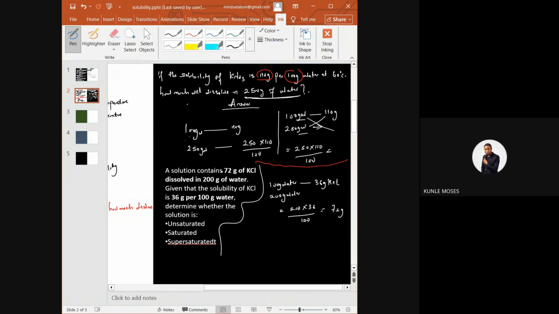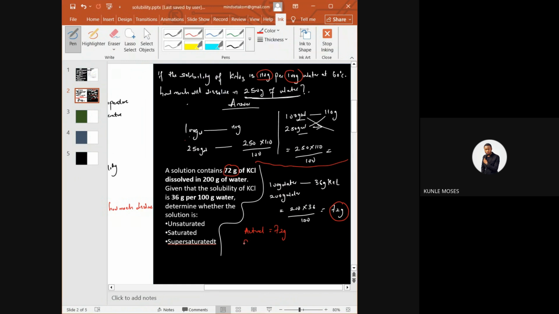Okay, they now say the solution contains 72 grams of KCl. Can you see? We got 72 grams here also. So it simply means the actual is 72 grams. There's no mark for steps.